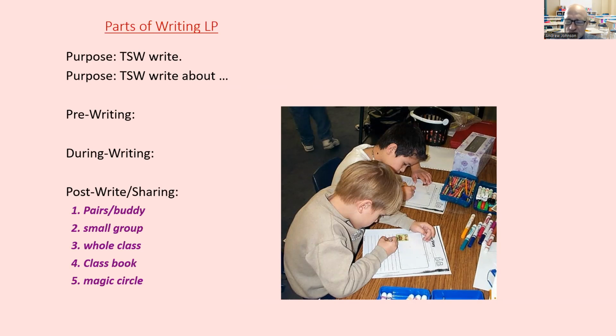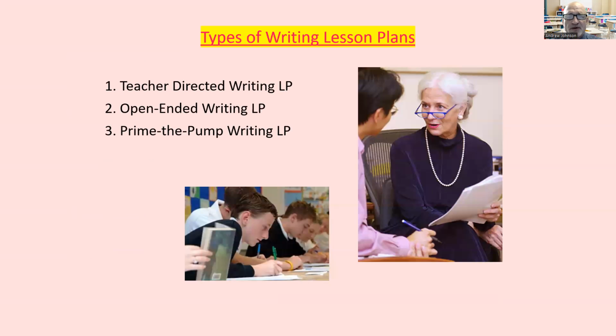There's the actual writing experience or the writing time. This could be anywhere from 3 minutes to 10 or 15 minutes. And then there's post-writing sharing. I guess there are 4 parts. I said 3 parts. And you can share a lot of different ways: with a buddy, pair, small group, whole class, create a book, magic circle, a couple of different ways.